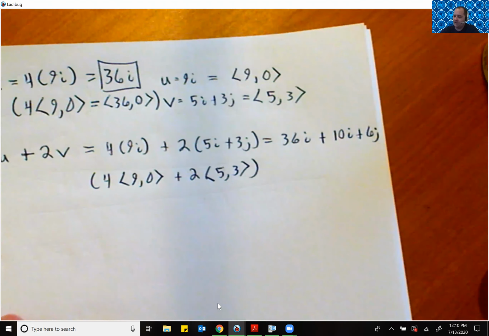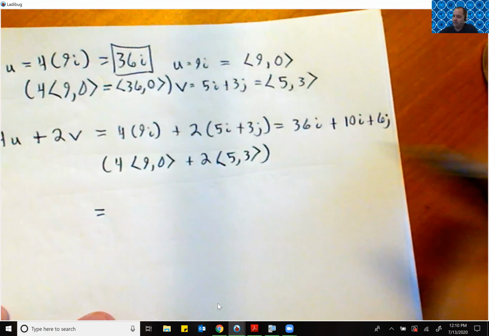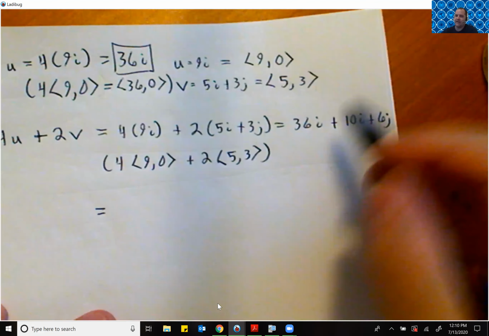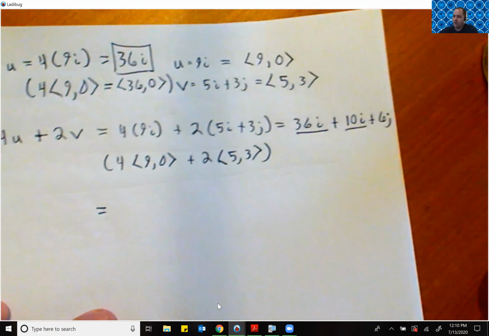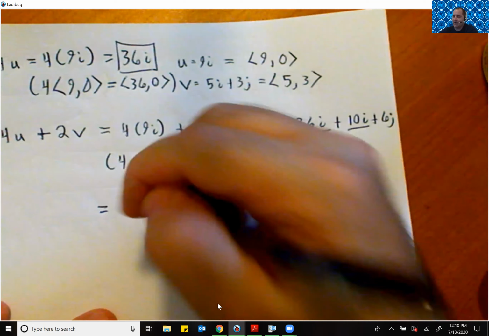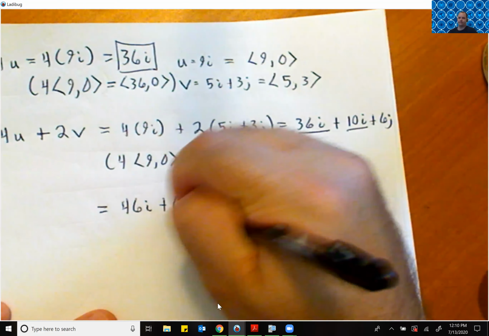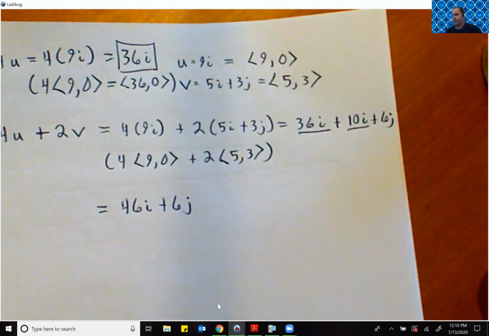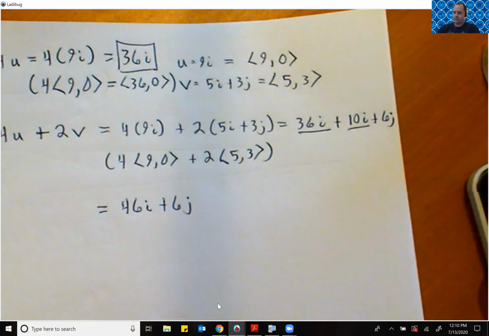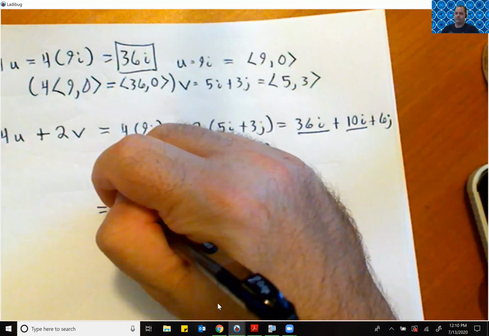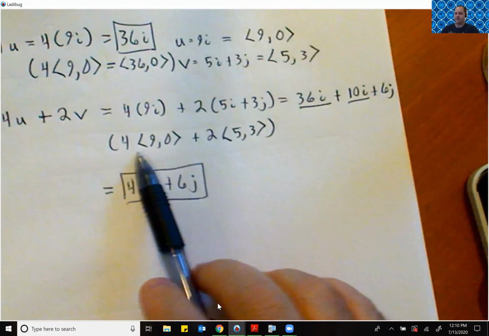So in the end, for part B, these two components are going to get together and give you 46i plus 6j. If you would have written this as just regular vectors, it'd be the vector 46, 6. Again, you can get the same answer using this. It's all your call.